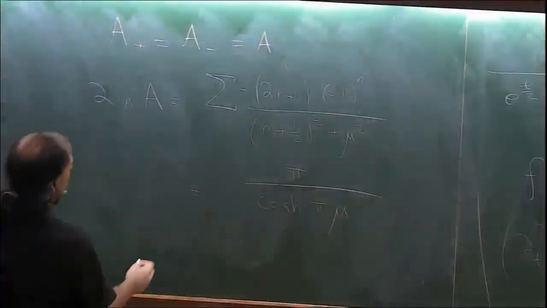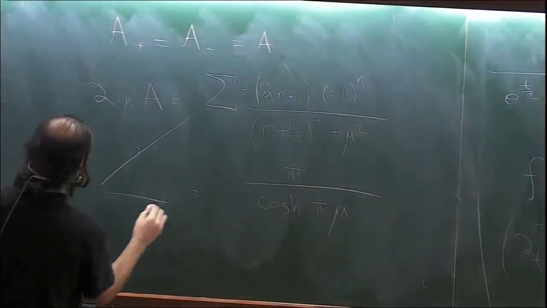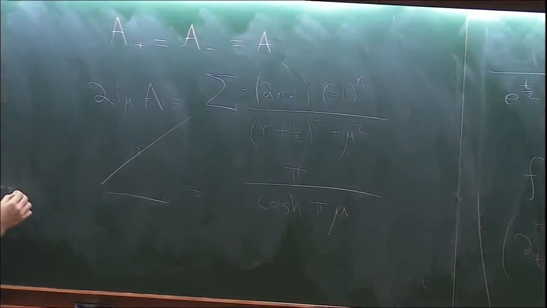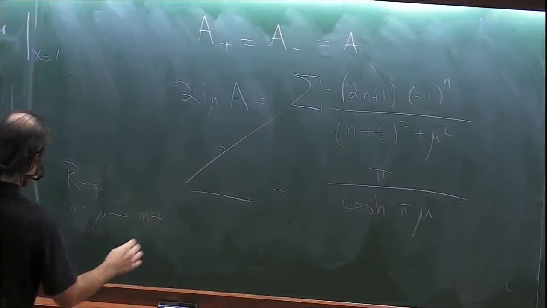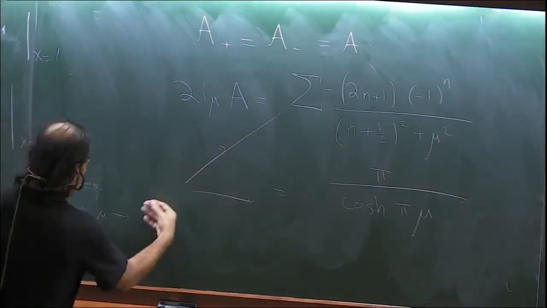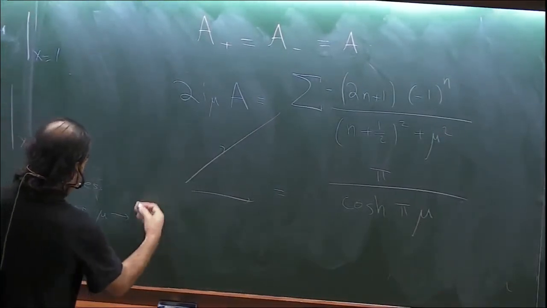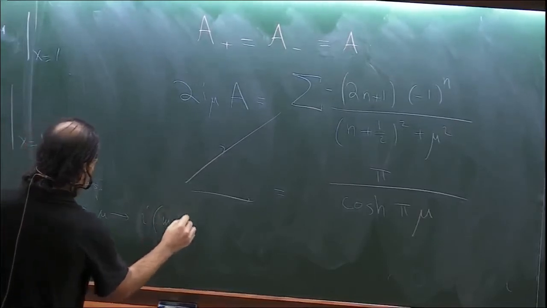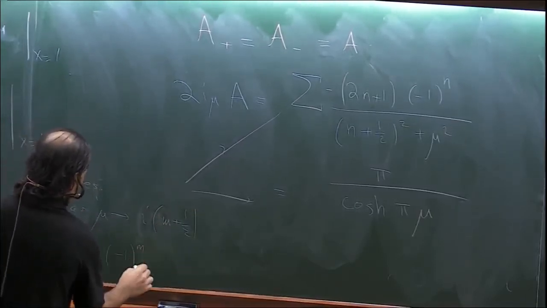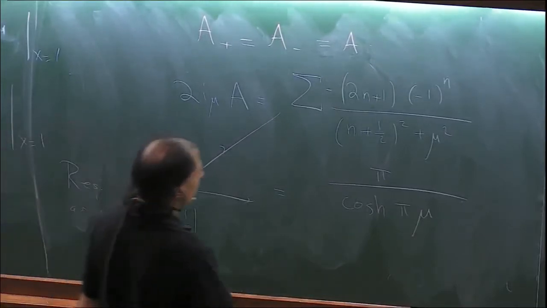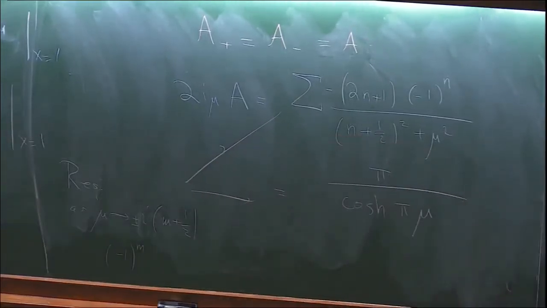Okay? So the residues for both, as mu goes to plus or minus i times m plus a half, is minus 1 to the m for both of them. All right.